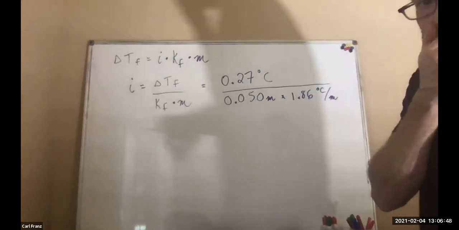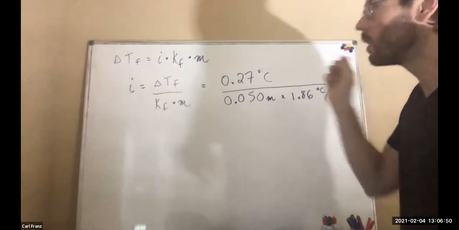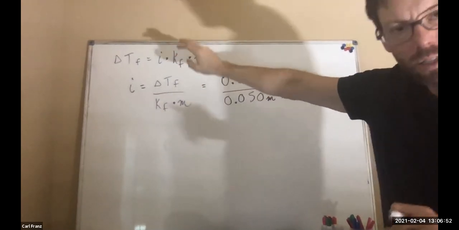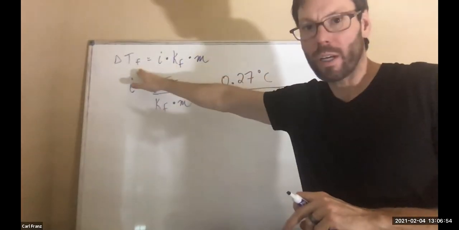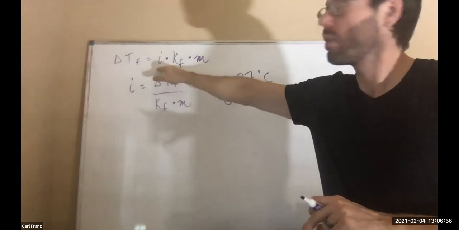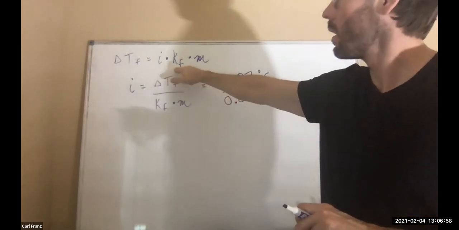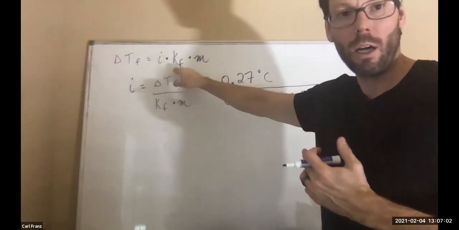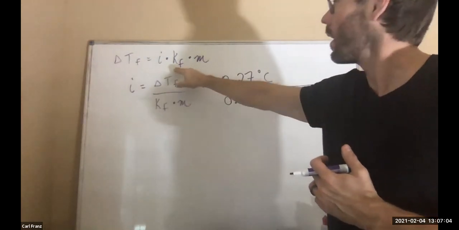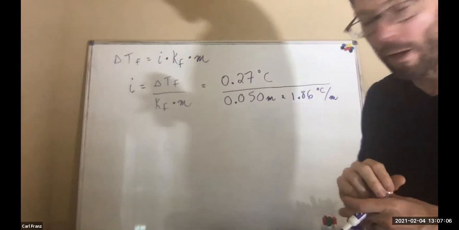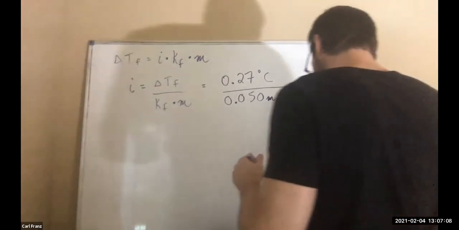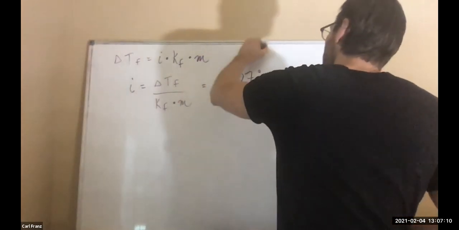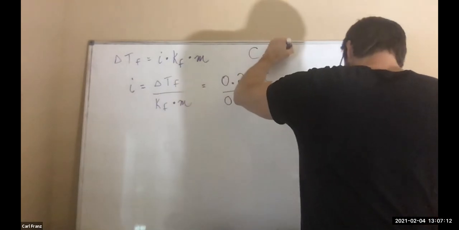Okay. So again, our equation is change in temperature for freezing point is equal to the Van Hoff factor times the freezing point constant for that particular solution and the molality. Okay. Now this is for calcium chloride, right?